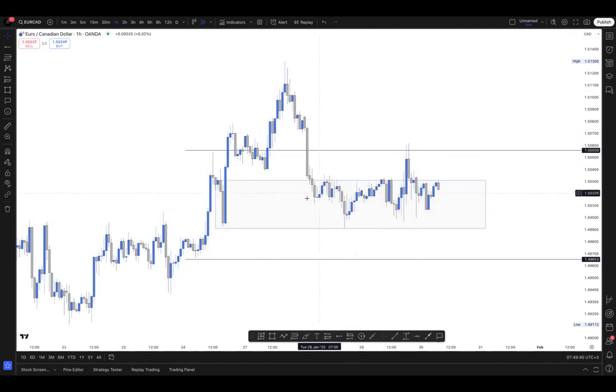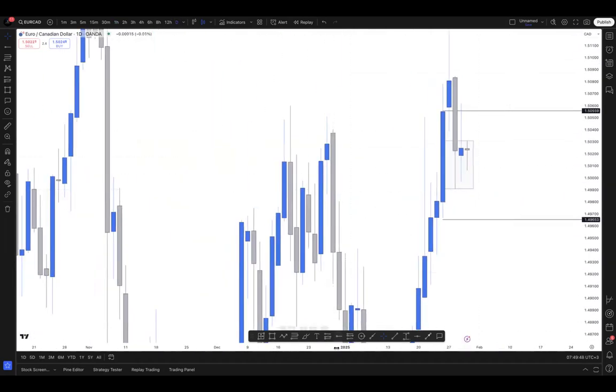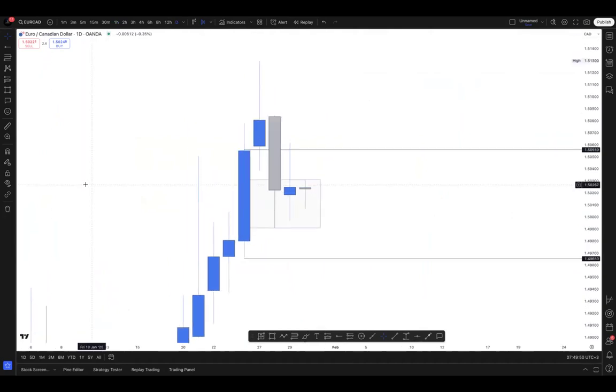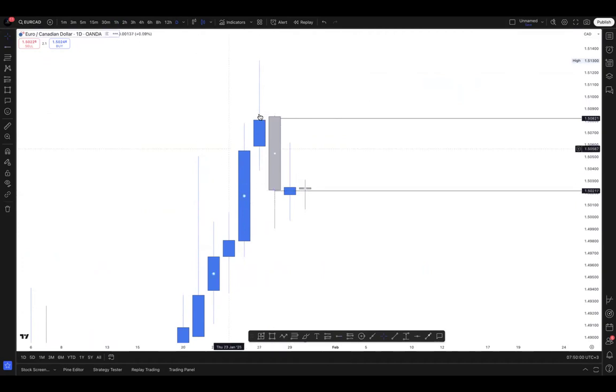Now, the reason why I sold here, if you go back to the daily, the reason why I had to sell, let me do this for you. Let's first remove this. As I told you, I know price is going to buy in this range, but I have this other area. This is a bearish candle.